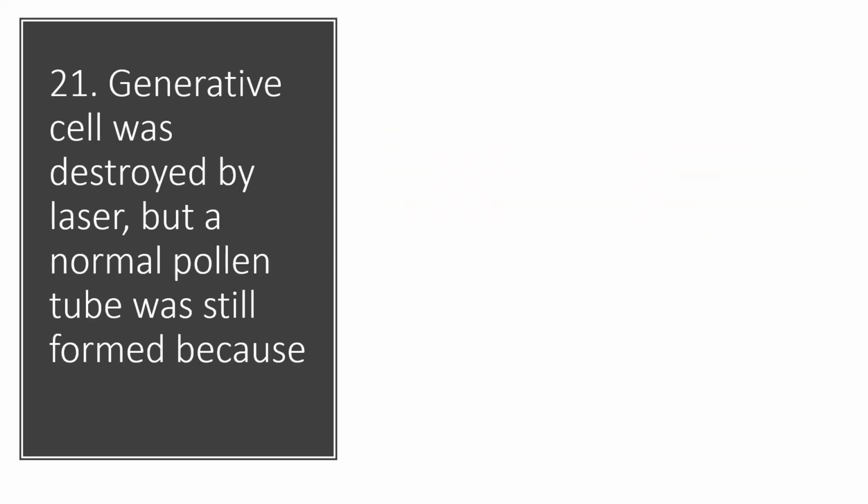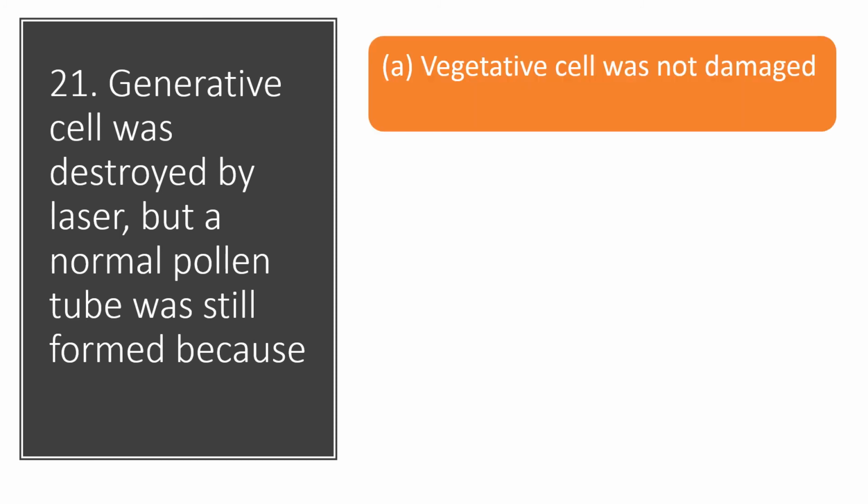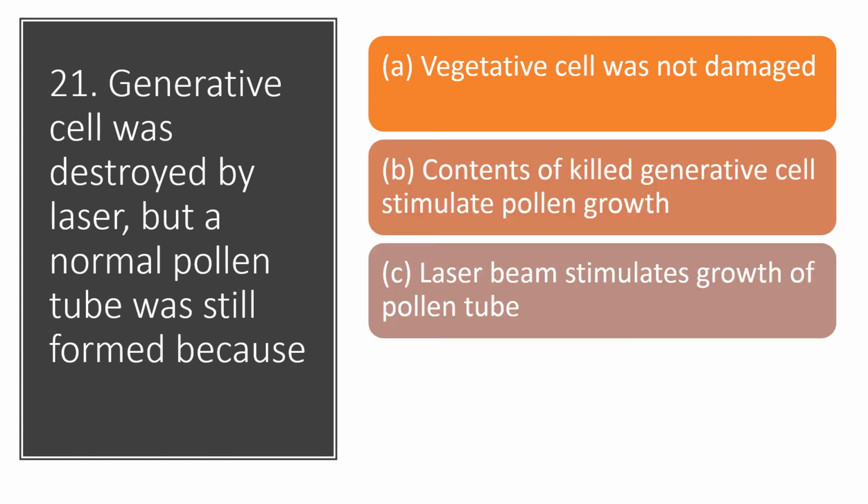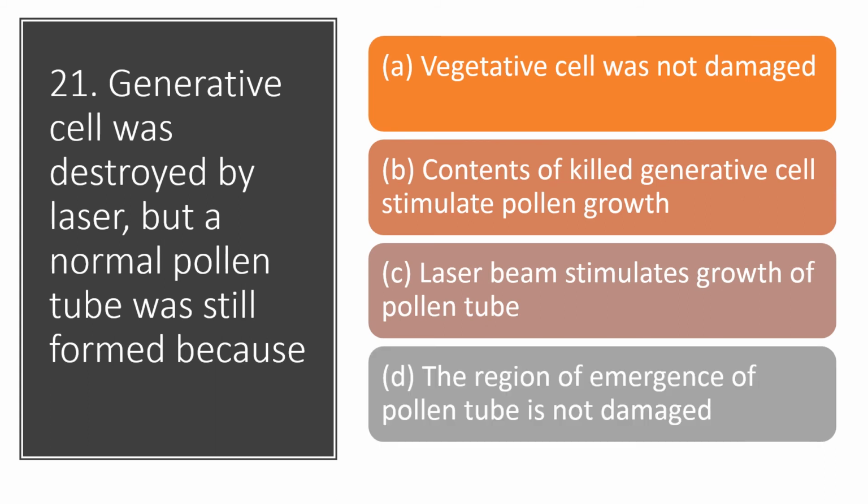Coming to question number 21. The generative cell was destroyed by a laser beam, but a normal pollen tube was still formed because: A, vegetative cell was not damaged, B, contents of the killed generative cell stimulate the pollen growth, C, laser beam stimulates the growth of the pollen tube, and the last option is D, the region of emergence of the pollen tube is not damaged.